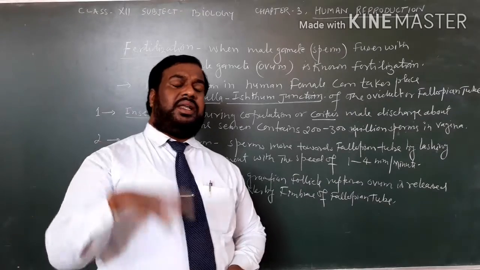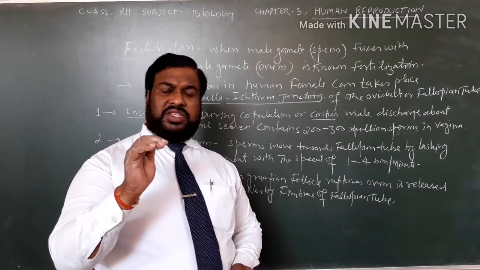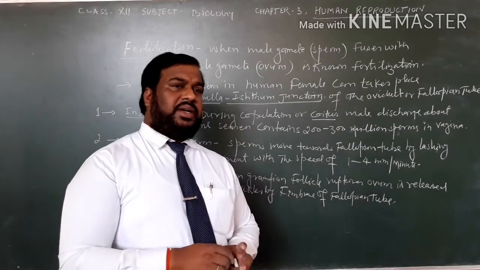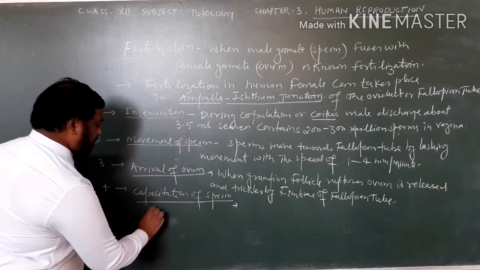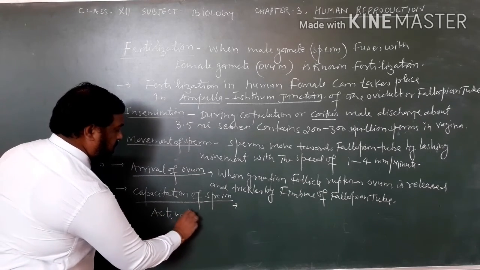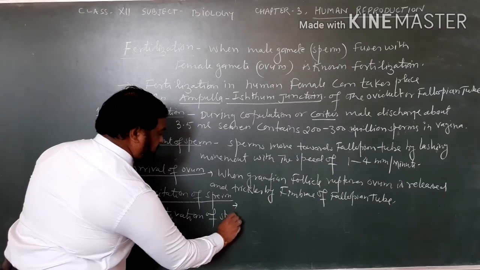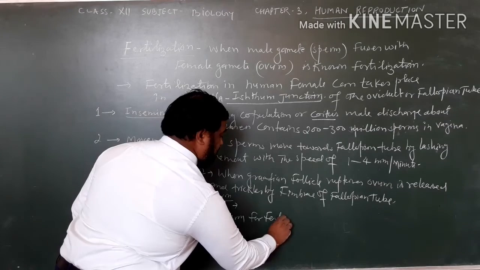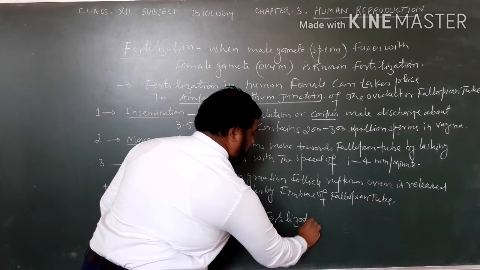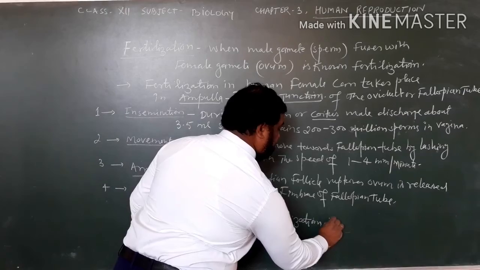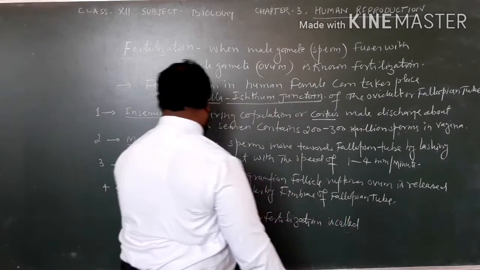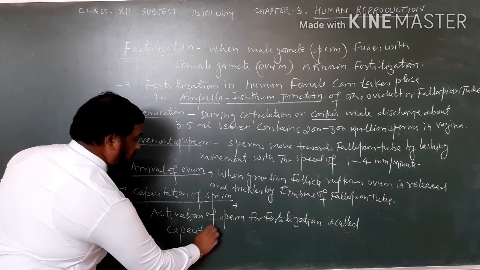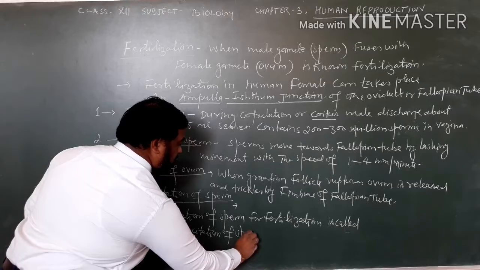The sperm has a decapacitation factor, by which it is not capable of fertilizing. So the removal of this factor, the activation of sperm for fertilization, is called capacitation of sperm.